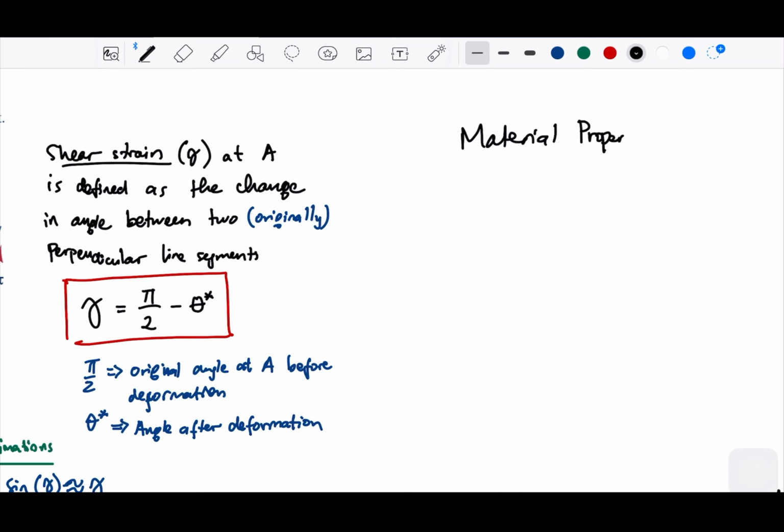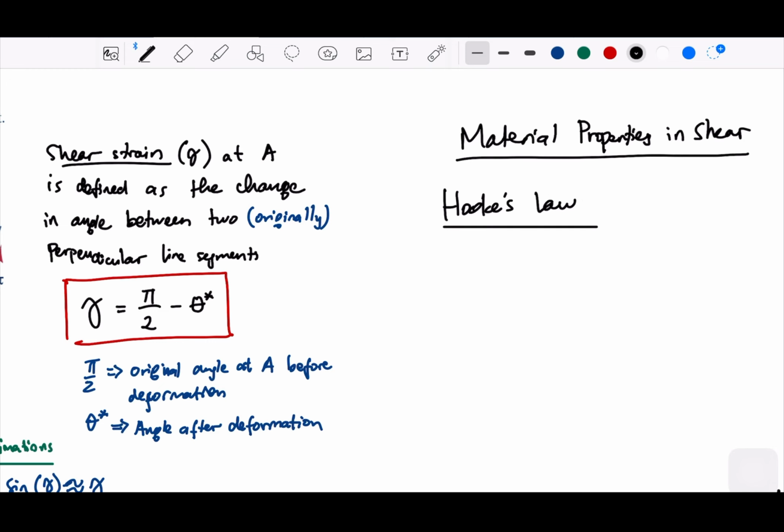So, material properties in shear. Remember, if you have a tensile or normal stress, you have the modulus of elasticity, or Young's modulus. In shear, we call it G, the shear modulus, and based on Hooke's law it is just the slope, very similar to the normal stress.